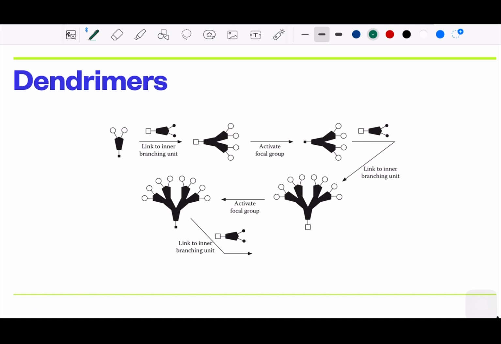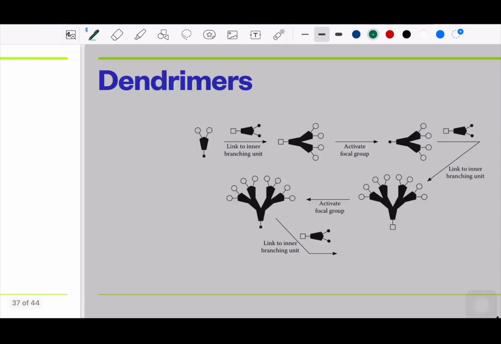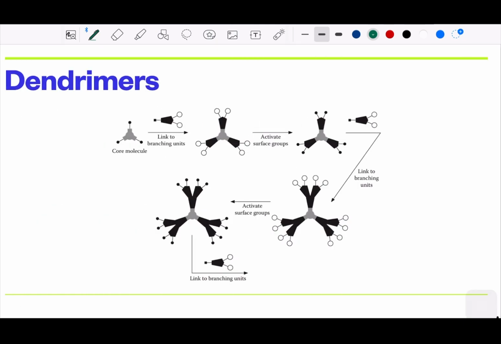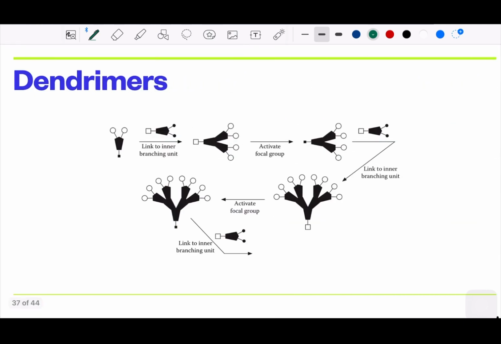And we can also make, if you see the difference, this one has the core molecule with 3 branch units. If we have only one branch like this, imagine how it looks: the branch has another branch, and another branch again, and then another branch again. So it goes away like that, and the other part is just as it is. Later we're going to see the conclusions.